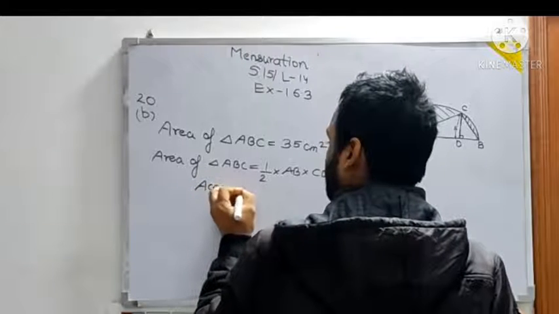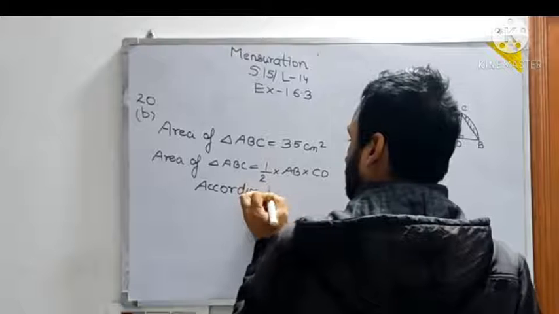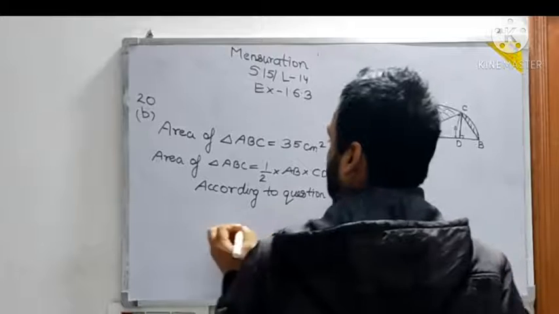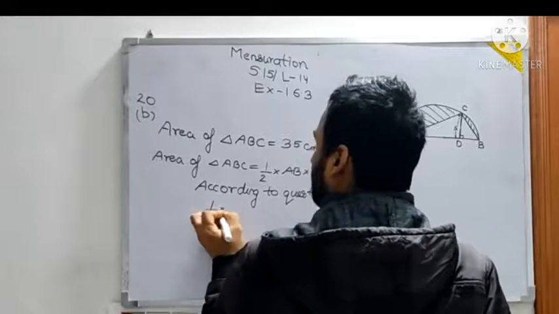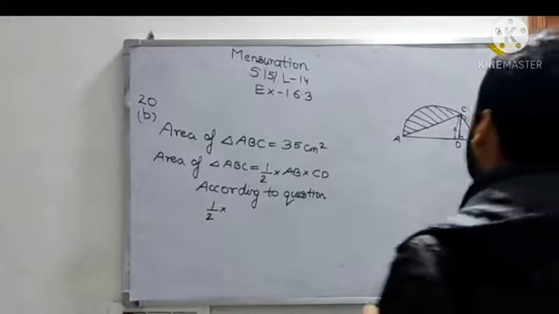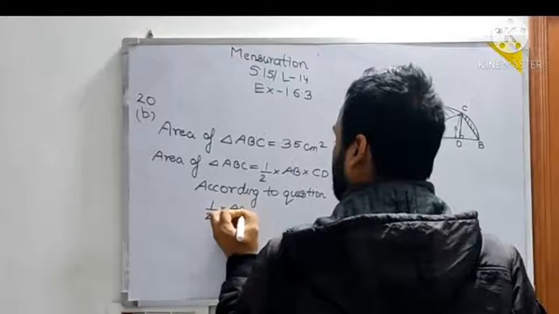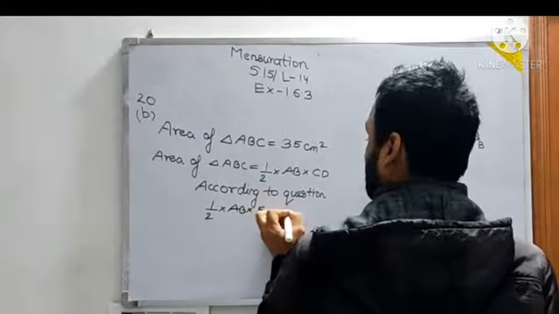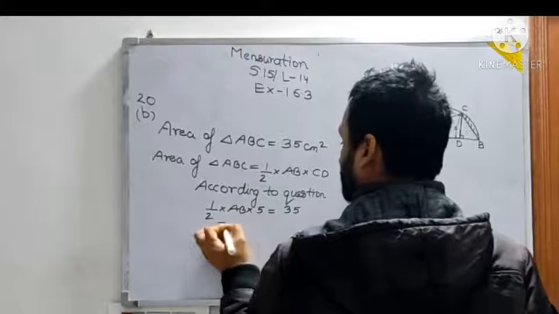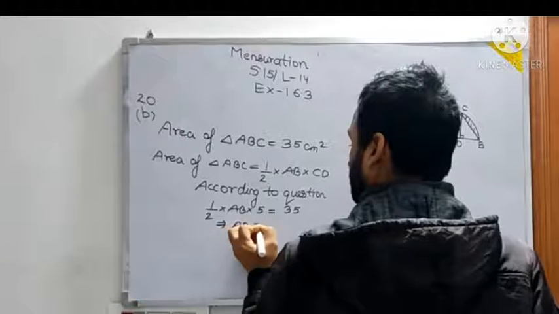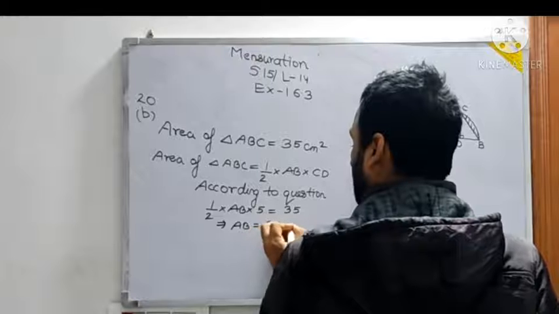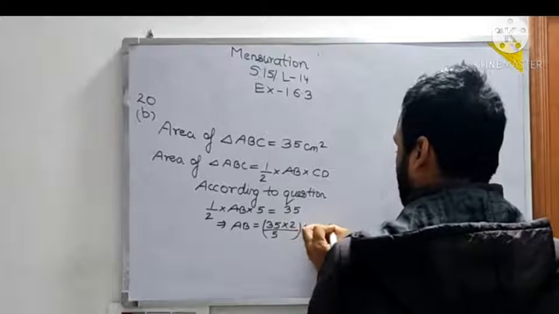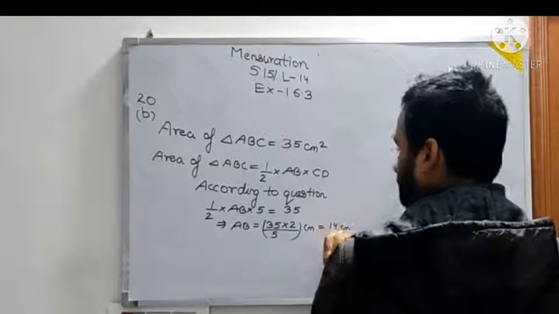According to the question, half into AB, we do not know AB, but CD we know. AB is basically the diameter of the circle. Half into AB into 5 is equal to 35. This implies AB equals 35 into 2 by 5 centimeters. 5 7s are 35 and 7 2s are 14 centimeter.